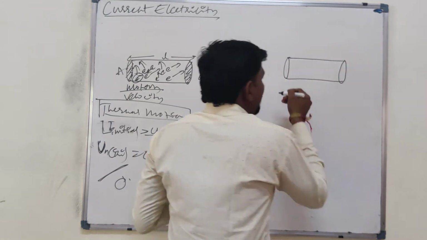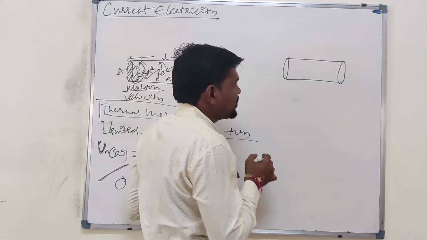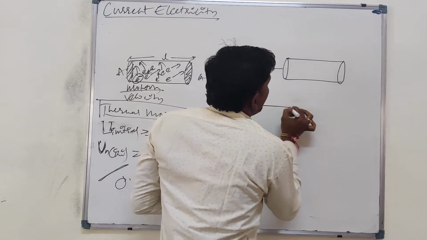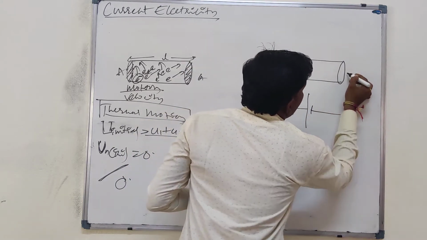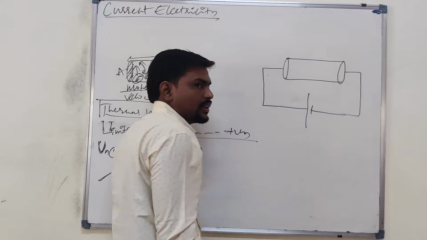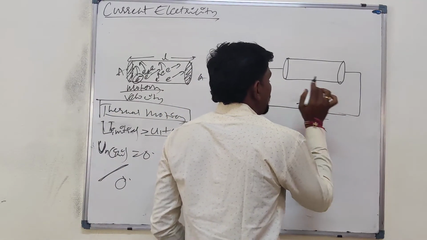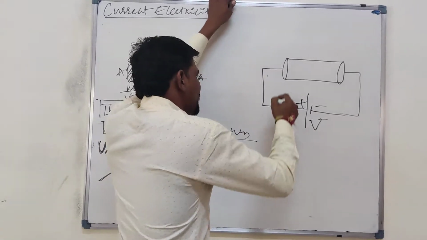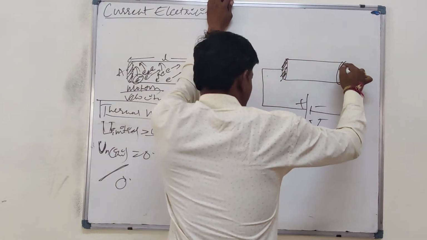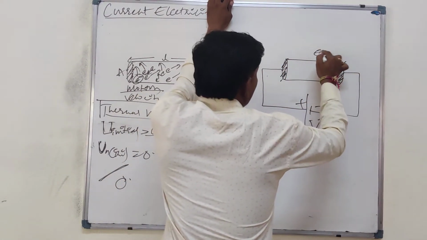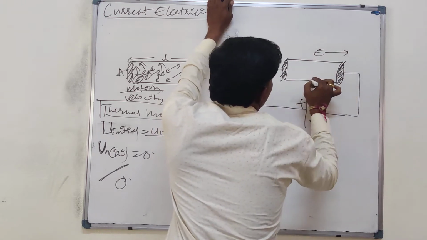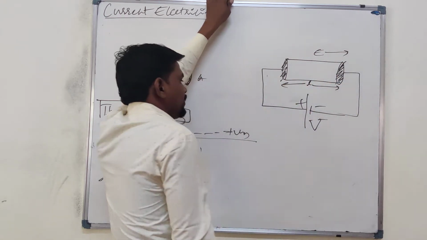Now the same conductor, again with so many free electrons inside, is connected to a potential difference. Once again, this is the electric field, and this is the length of the conductor.